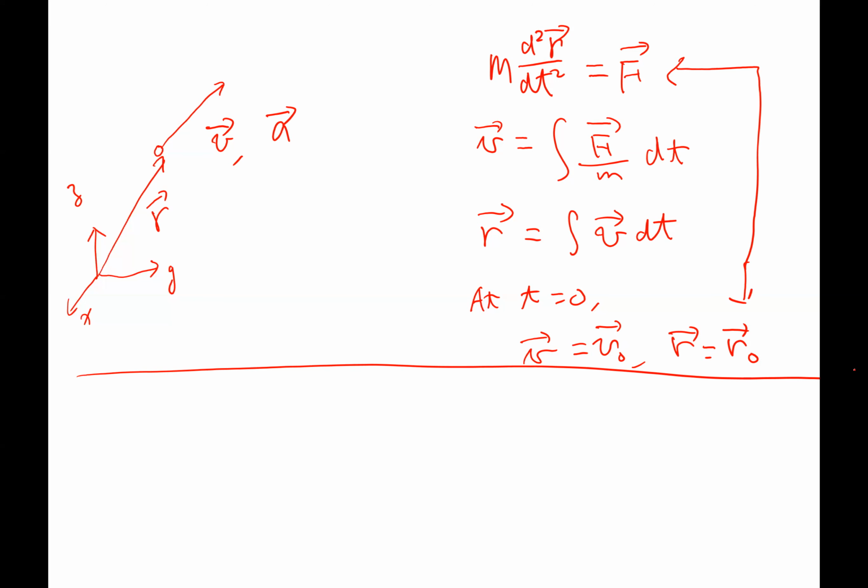In quantum mechanics, we cannot specify where the particle is, but we can try to find out the probability of finding the electron at a certain position in space at any instant of time.